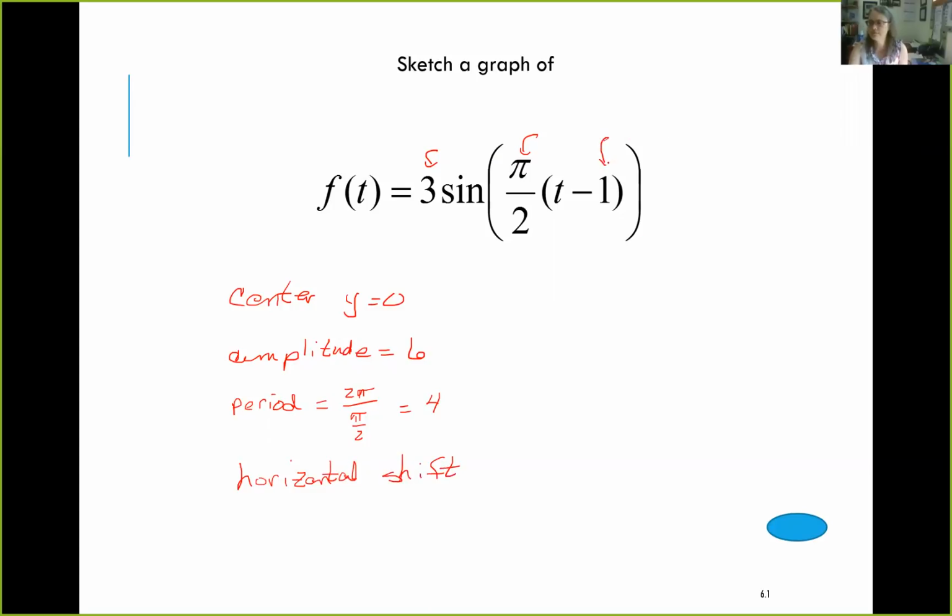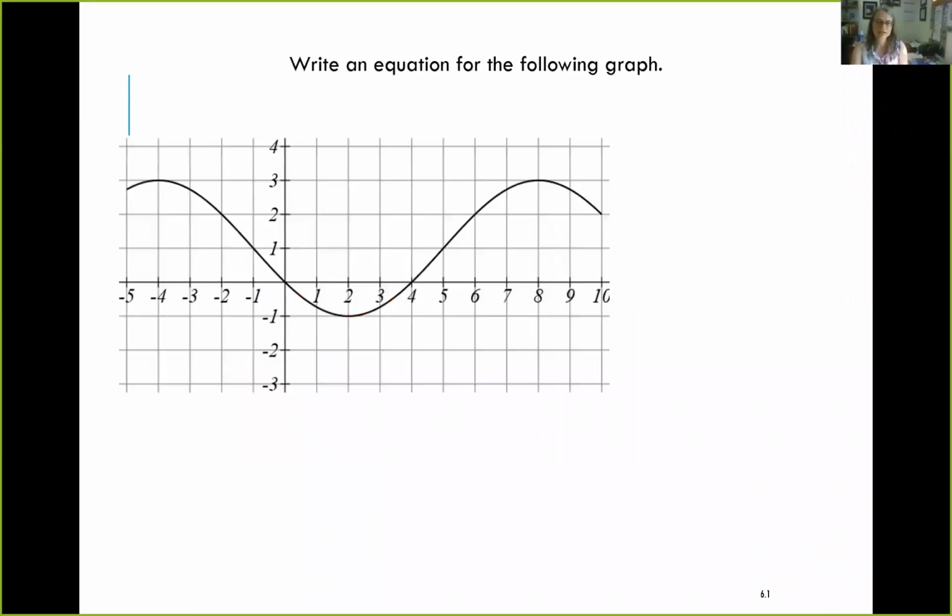Horizontal shift is 1. Okay? All right. Let's try doing this in reverse. Let's write the function of this graph, and then we'll be done for today. Be sure you know how to do all this stuff.